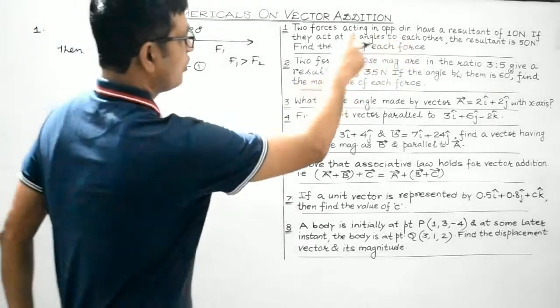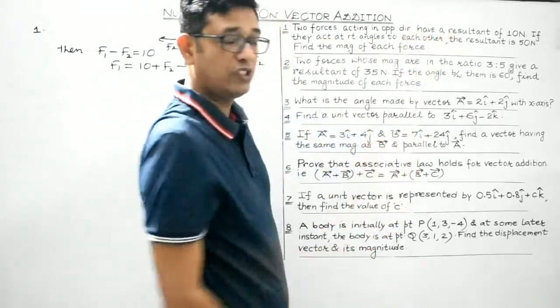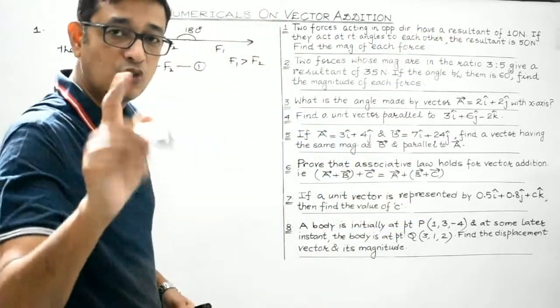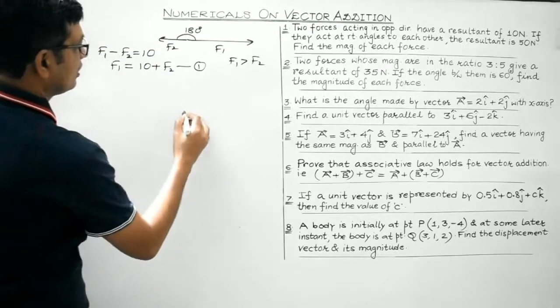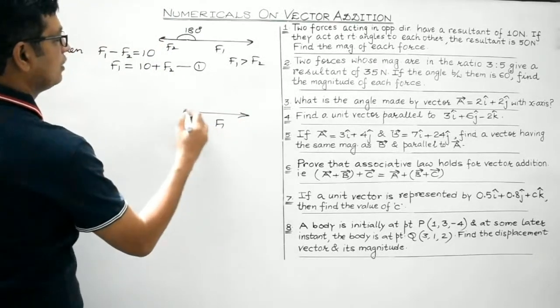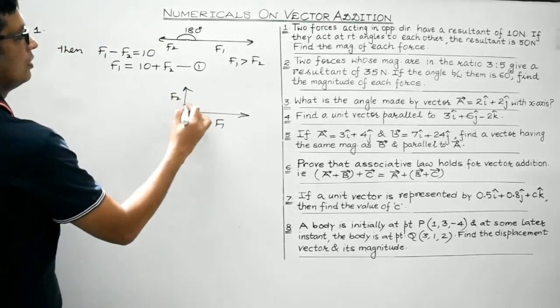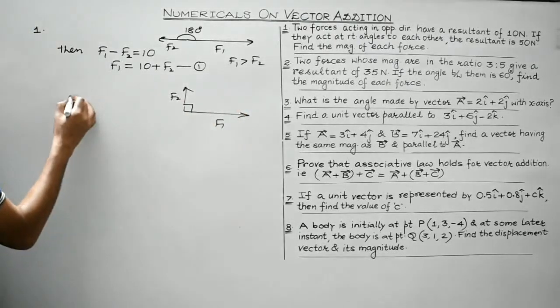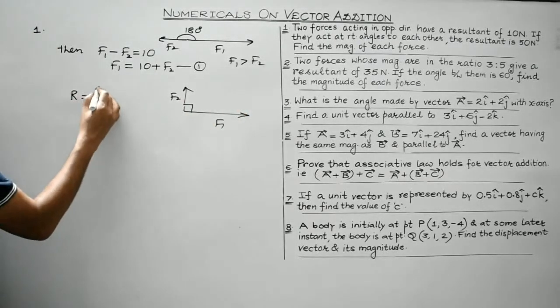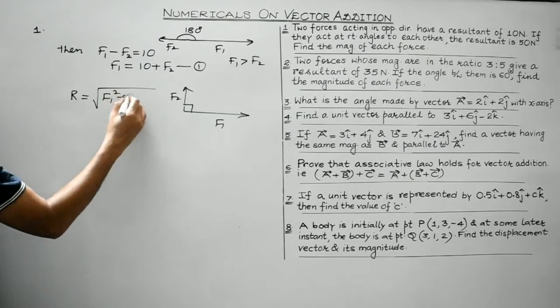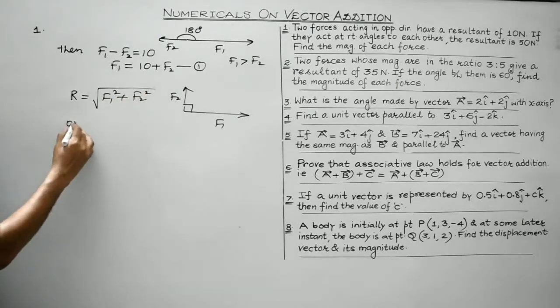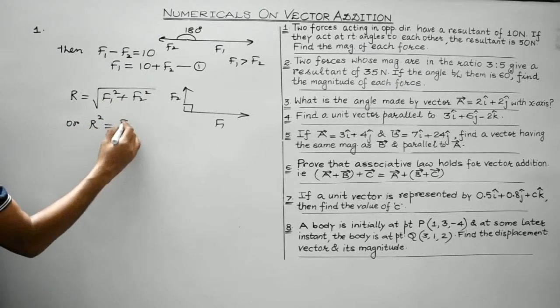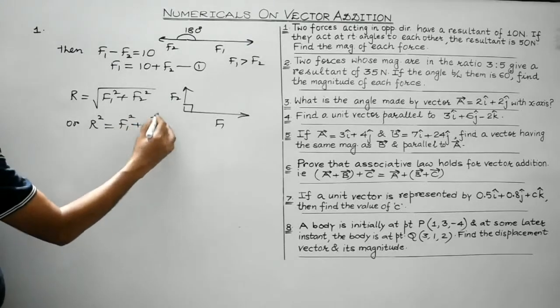Now in the second situation, if they act at right angles to each other, the resultant is found to be 50 Newton. Then, as you are aware, the resultant is given by the square root of F1 square plus F2 square, or R square is equal to F1 square plus F2 square.